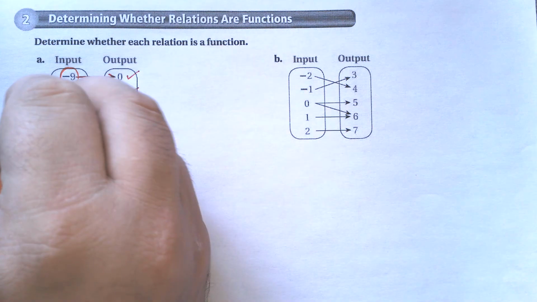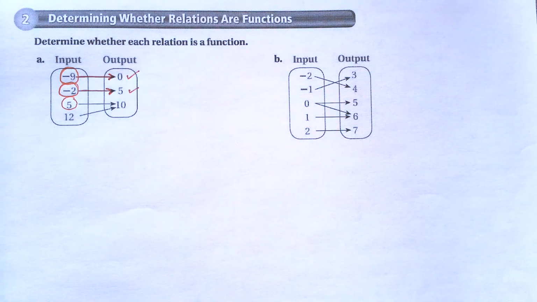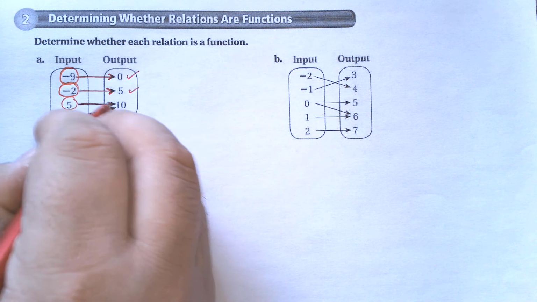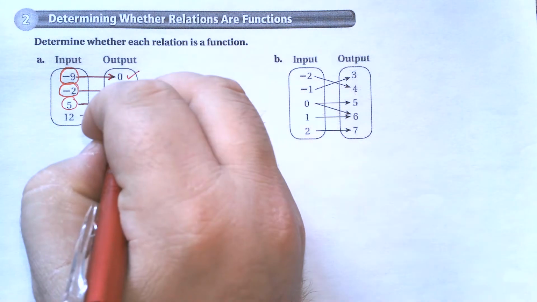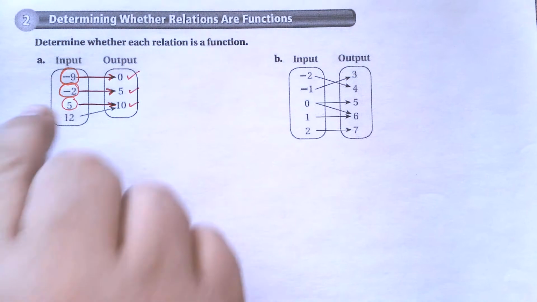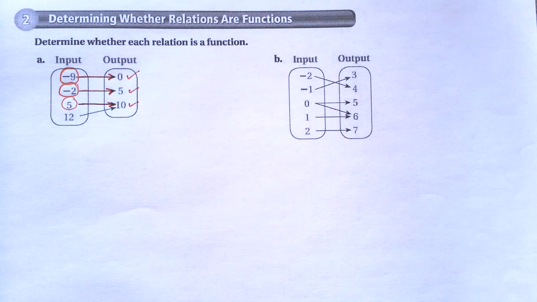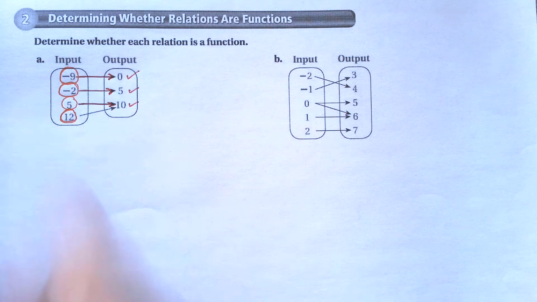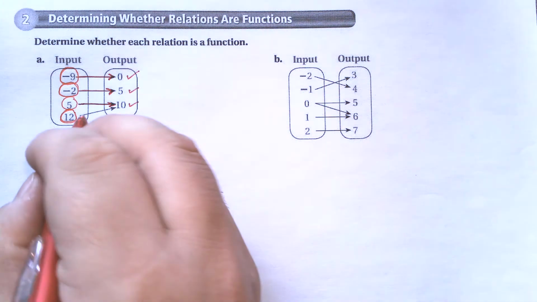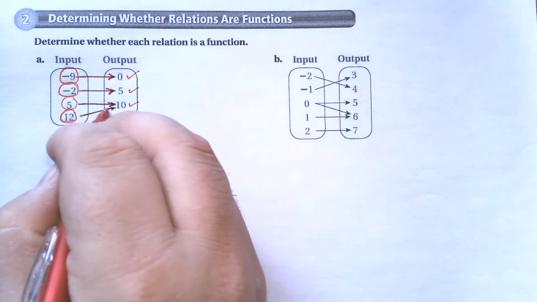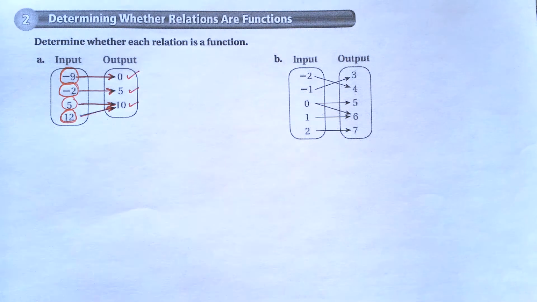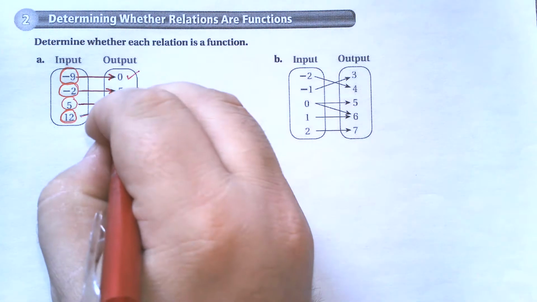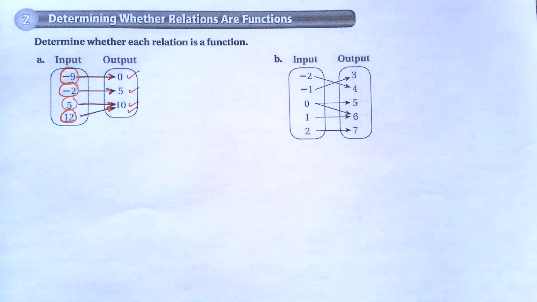So now I'm going to go to this 5. And I'm going to follow the arrow and see if it goes to only one number. The answer is, again, yes. This 5 went to only one number. And number 12 is in our pairs, so I'm going to follow it all the way to this 10. And what I see is this 12 went to one number, so yes, it does match in a function.